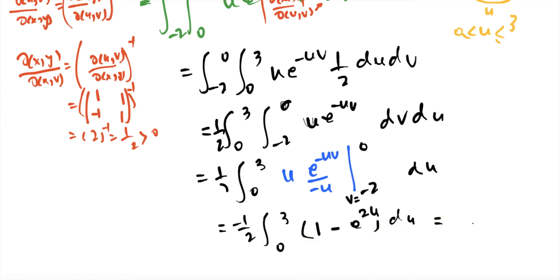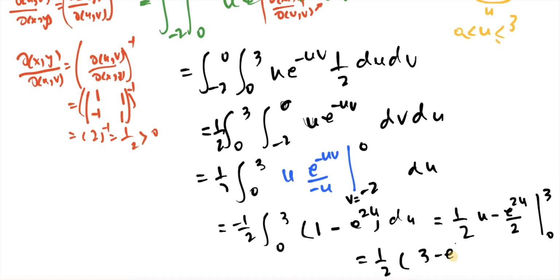So here it's u minus e to the power 2u divided by 2. 1/2 stays, and 0 to 3, which is going to be 1/2 times 3 minus e to the power 6/2 minus 0, minus, this is plus, e to the power 0 is 1/2. And that is your final answer.